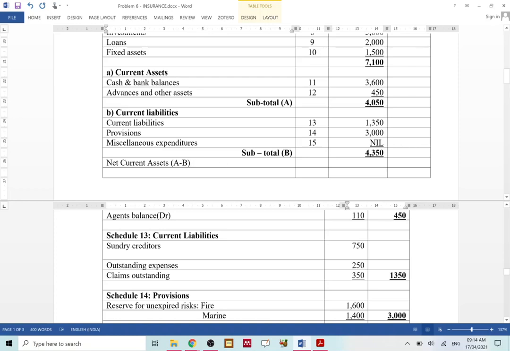So how much do you get? 4,350 minus 4,050, meaning the other way round. 4050 minus 4350, you will get, just write it below one line, you will get a negative 300. Correct? Current assets minus current liabilities. A negative basically tells you that your current liabilities are more than your current assets.